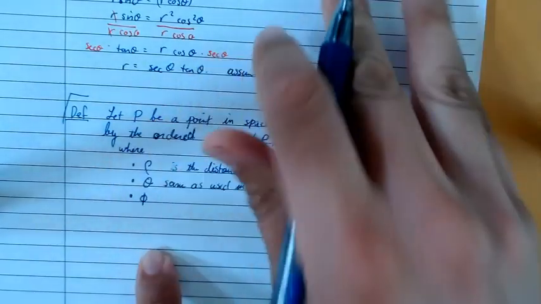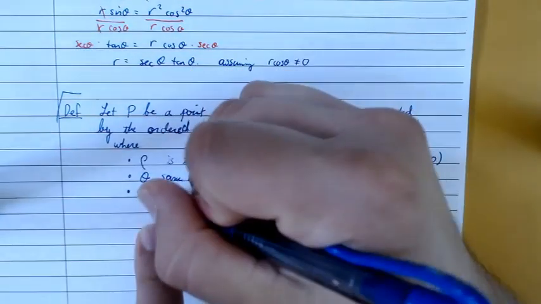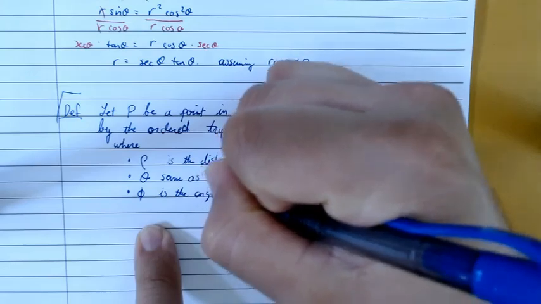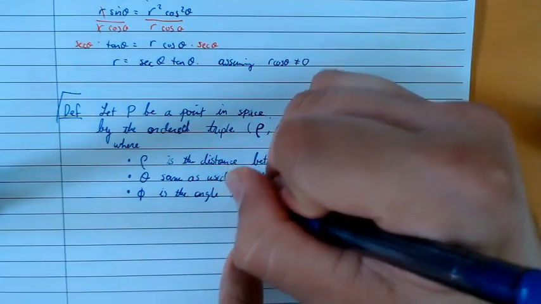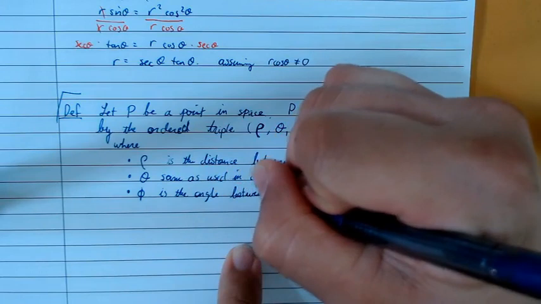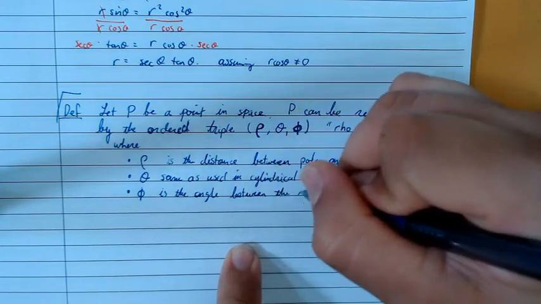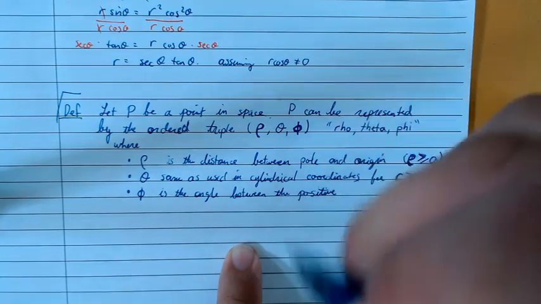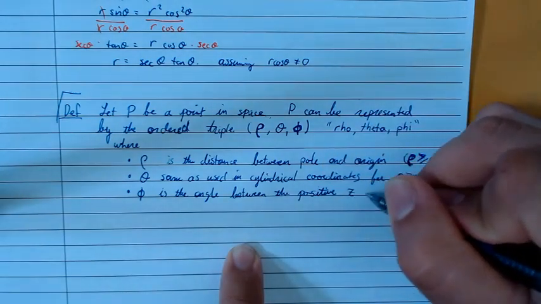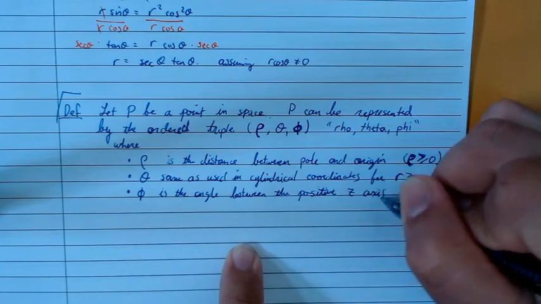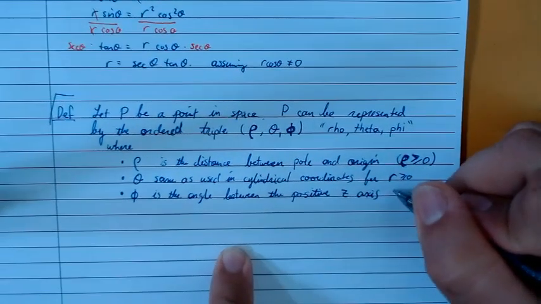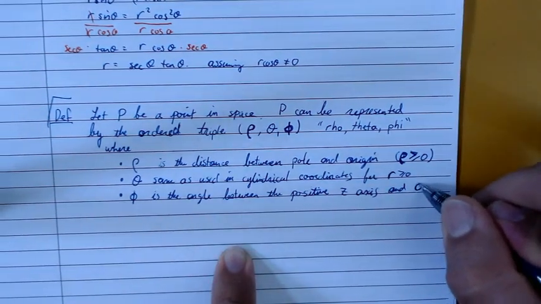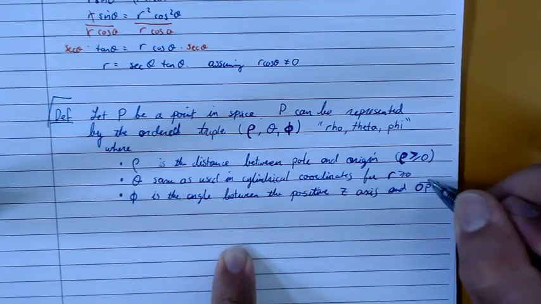And then phi is another angle. This is the angle between the positive half of the x-axis, not x-axis, z-axis, and the vector from the origin to the point that we care about.